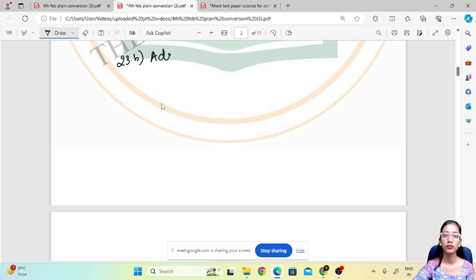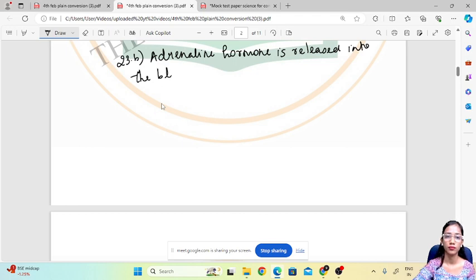adrenaline hormone is released into the blood, which targets the heart to beat faster.